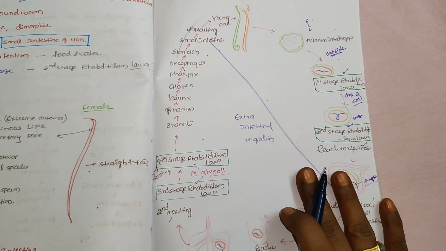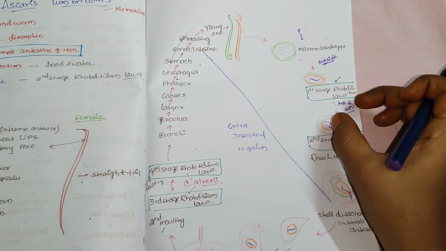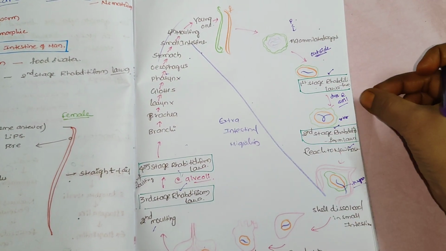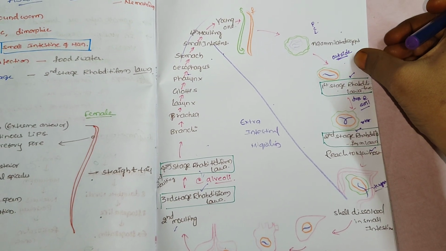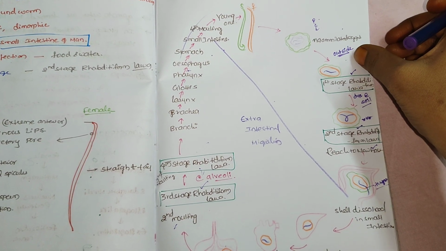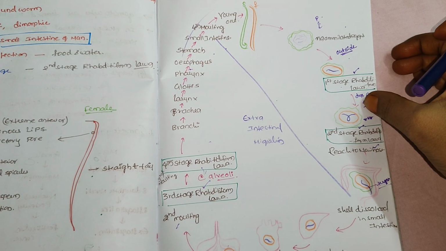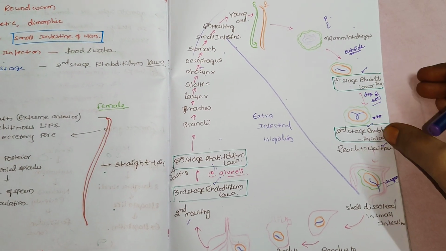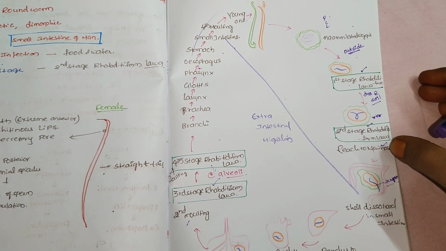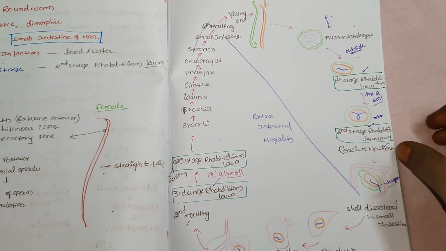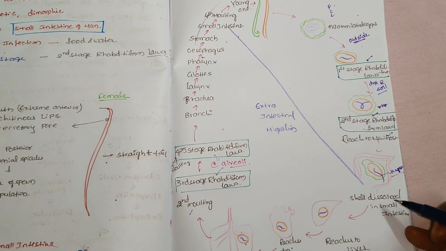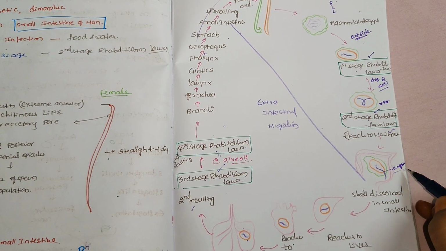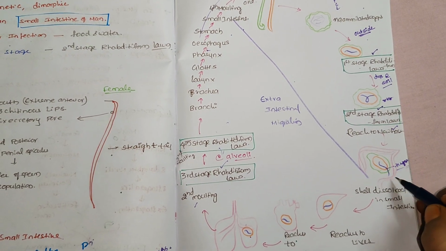So you have to remember the first stage rhabditiform larva develops in the soil. It comes through the fecal matter of the affected person. Then it reaches the soil, and by contamination of food and water it reaches the new host. Then it directly enters the small intestine. In the small intestine, the trypsin enzyme is present in human. The shell gets dissolved.